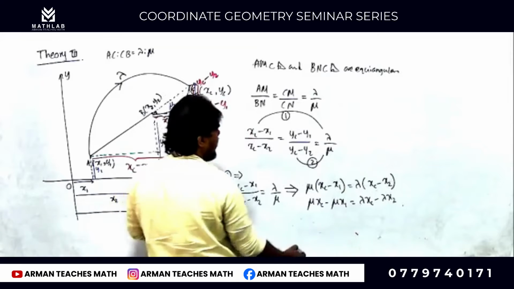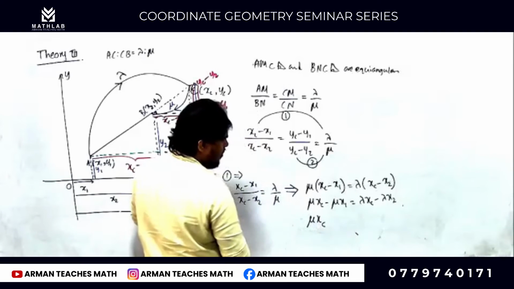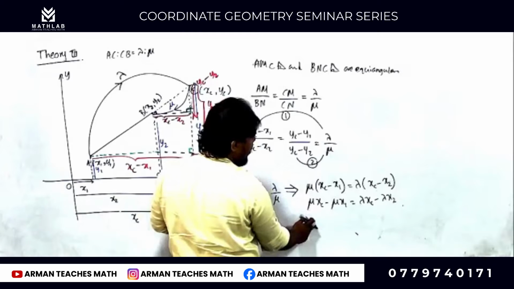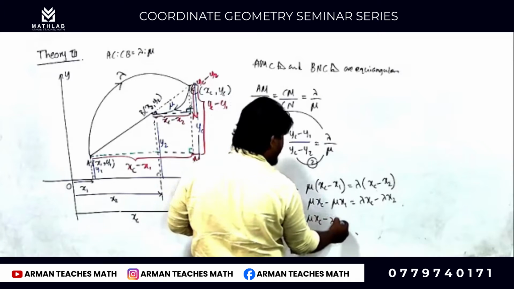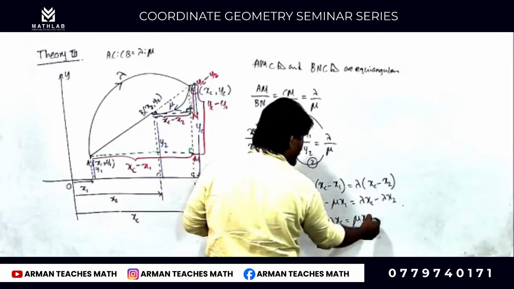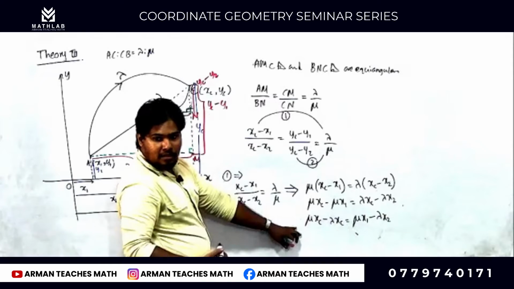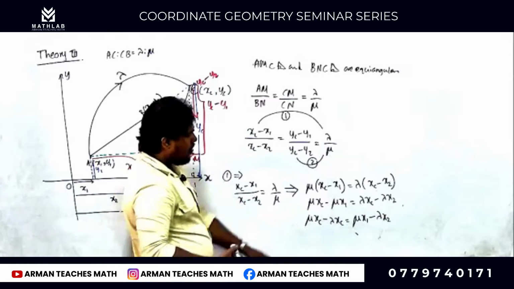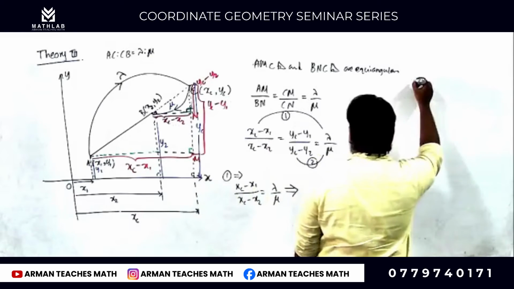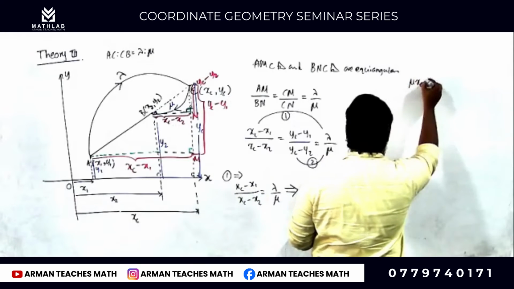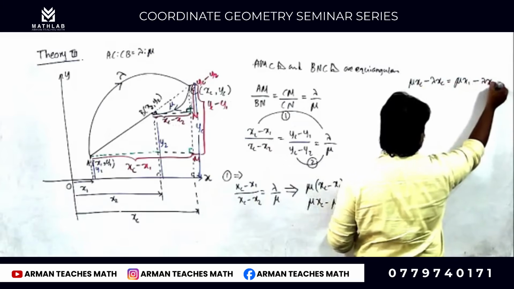Remove the brackets. Mu XC minus mu X1 is equal to lambda XC minus lambda X2. Take all XC terms to one side. So we get mu XC minus lambda XC is equal to mu X1 minus lambda X2.